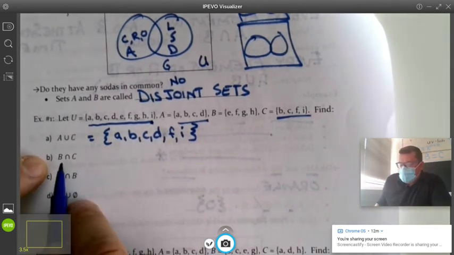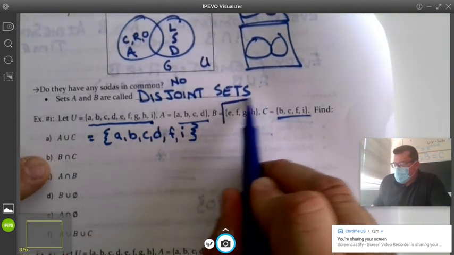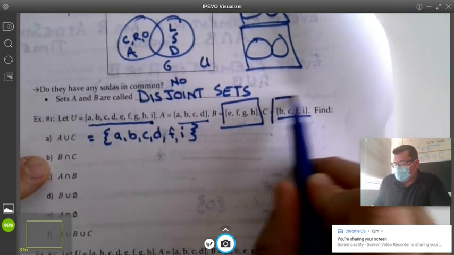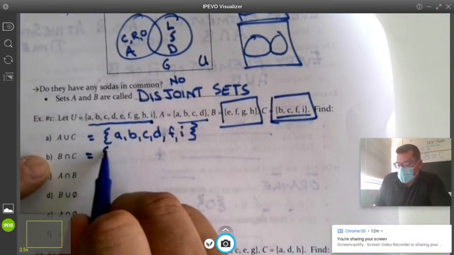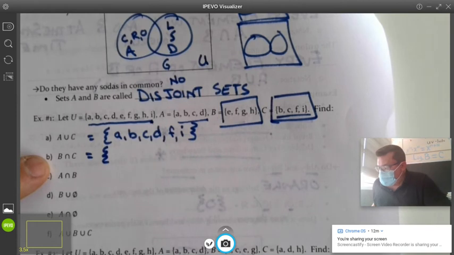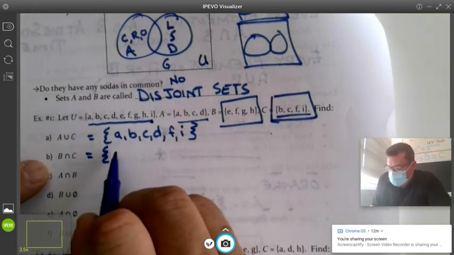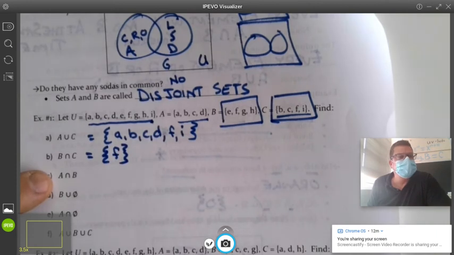How about B intersects C? That is, only write down where B overlaps C. What do they have in common? Do they have anything in common? Is it just F? And done. That's where they overlap.